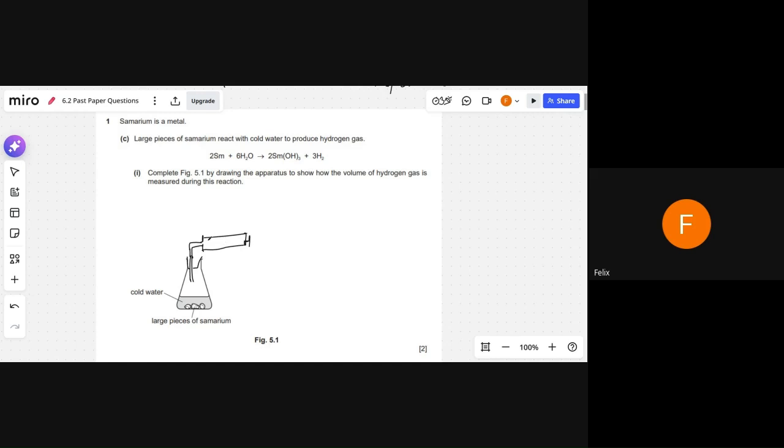And here you can draw these graduated lines like this, depicting that it can be used to measure volume, right? So this is the gas syringe. And remember that this conical flask must be sealed.